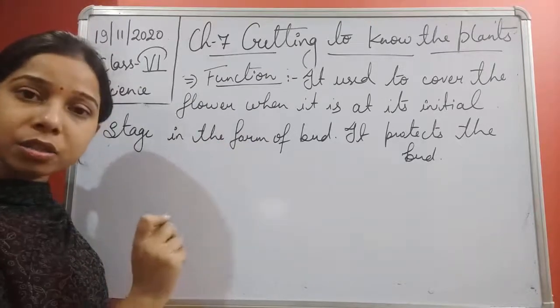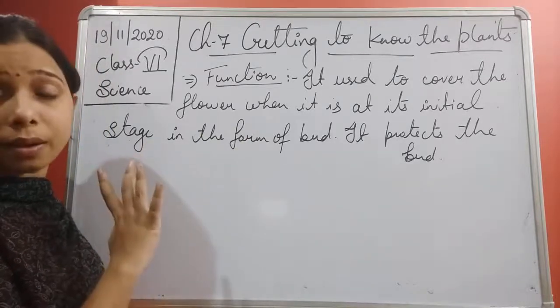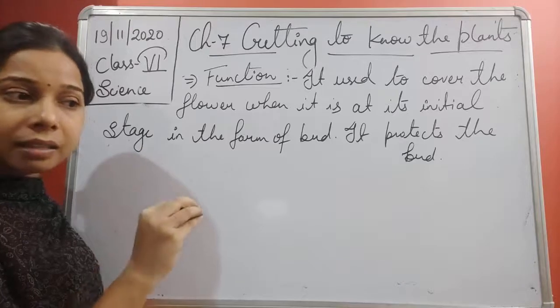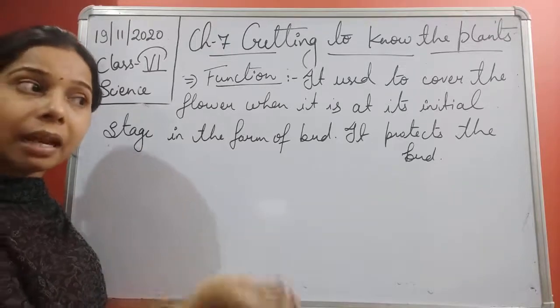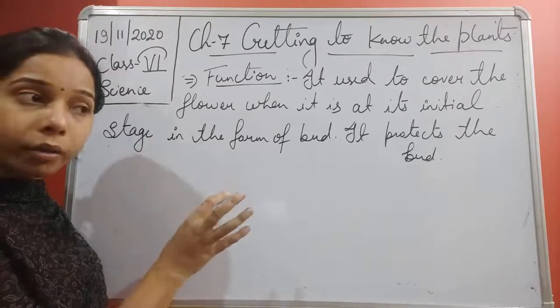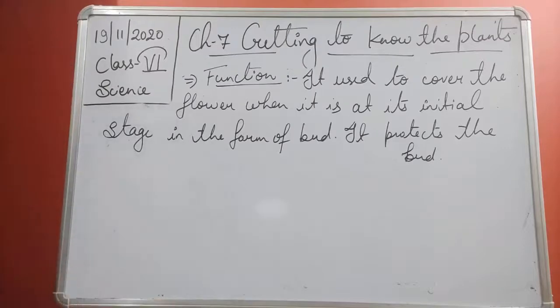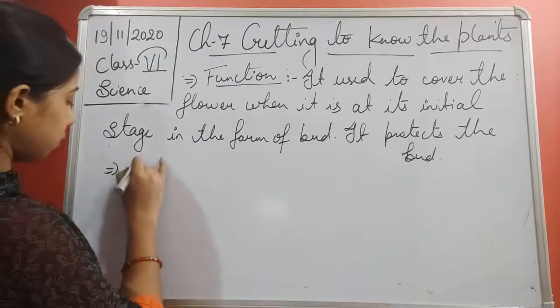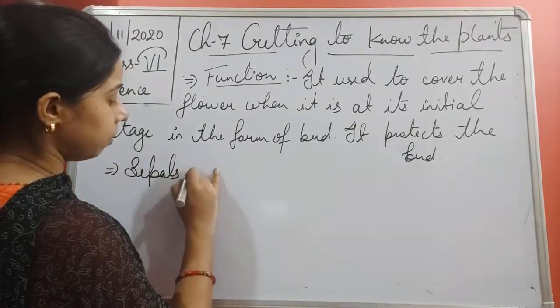Until it is at the bud stage, we say that it is covered with the sepal. But as it becomes a flower, the sepals may remain attached to the flower or they may get detached from the flower. Okay, so we can write it. Sepals may or may not be present.